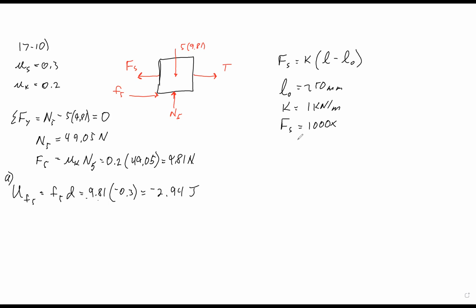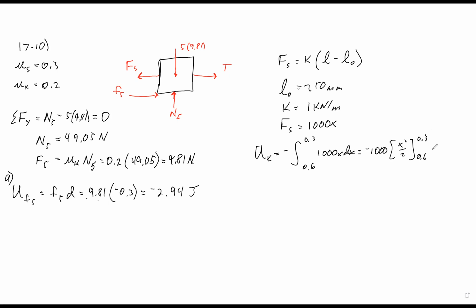Now, we could do this what I would say is the proper way, that the work done by the spring is equal to the negative integral from the initial position to the final position of 1,000x dx, and then this is equal to negative 1,000 x squared over 2 from 0.3 to 0.6.